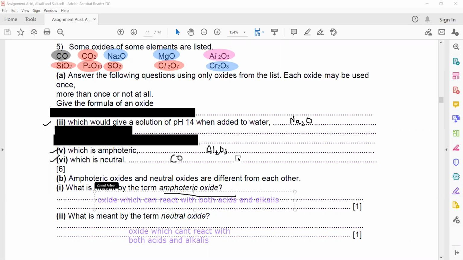So they don't have any reaction with acid or no reaction with alkali. Is it clear?